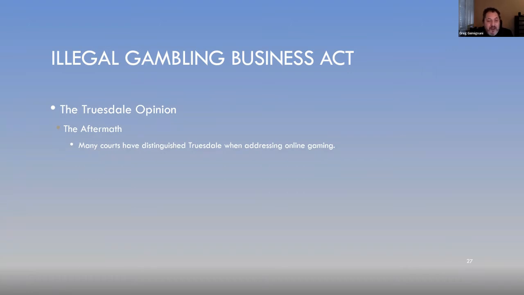And on top of that, we have a number of courts that distinguish Truesdale when addressing online gambling. Now, Truesdale gets cited again if a client has an interest in an offshore online gambling site. They'll say, oh, well, it means it's legal. It's totally illegal. But read that opinion carefully, and I don't think that's what it says.